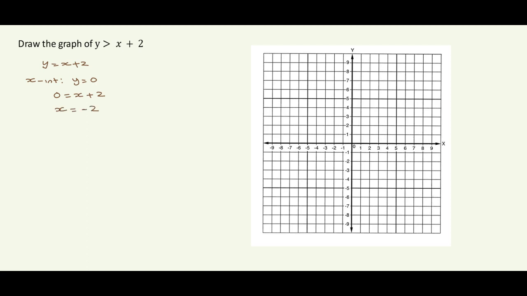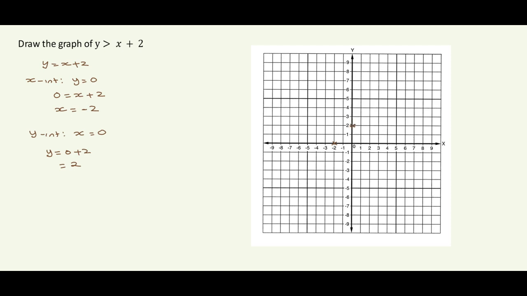So we have at this point x equal to negative 2, and our y-intercept, we have x equal to 0, so y equal to 0 plus 2, which is equal to 2.